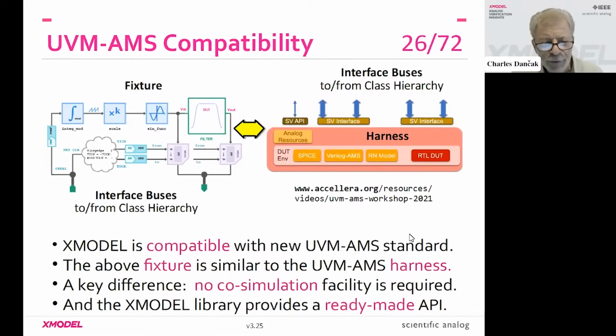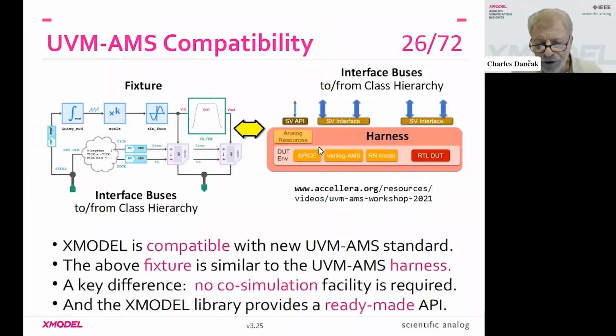Okay, before we go on, let me mention that our XMODEL based flow is compatible, at least in principle, with the emerging UVM AMS standard. They published a great paper at the recent DVCon, which we attended.